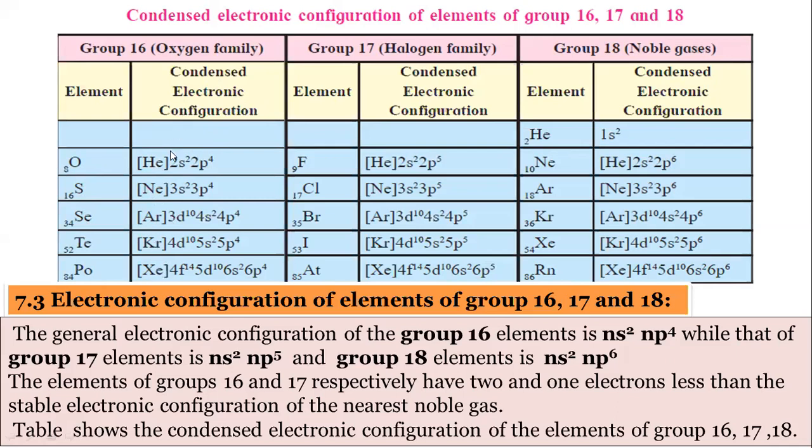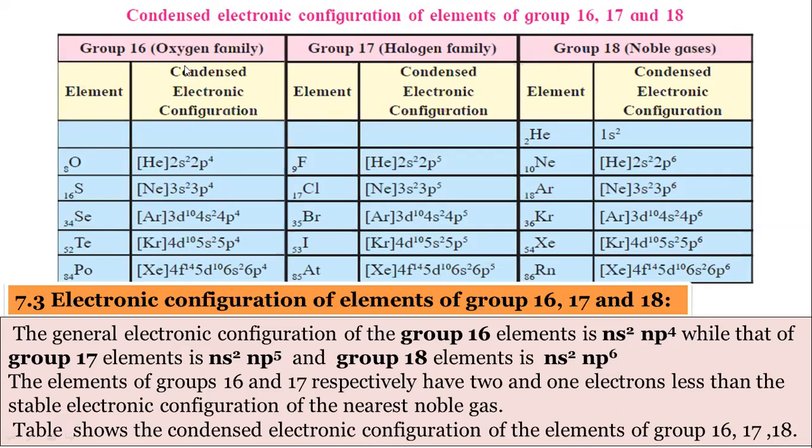So this is a condensed electronic configuration. We can see clearly this general electronic configuration ns2 np4. So this is 2s2, 3s2, 4s2, 5s2, and 6s2. So the general electronic configuration of this oxygen family is ns2 np4. It is shown here, ns2 np4.